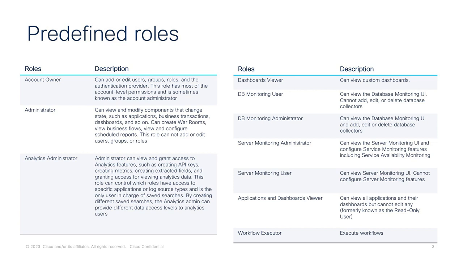Can create war rooms, view business flows, view and configure scheduled reports. This role cannot add or edit users, groups, or roles. The dashboard viewer can view custom dashboards, and, as a last example, the server monitoring user can view the server monitoring UI. Cannot configure server monitoring features.